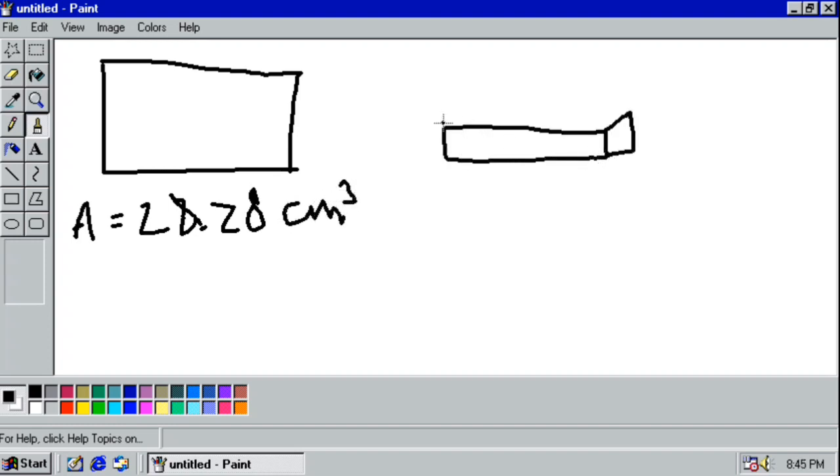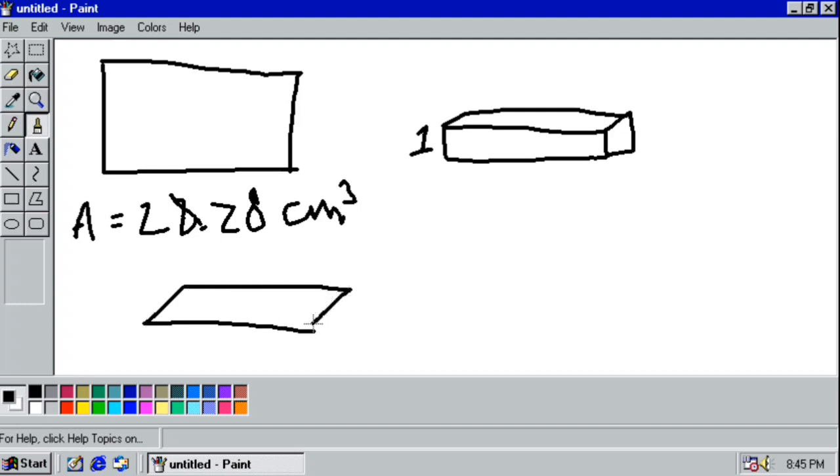Now if we add 1 centimeter of height, because in 3D space it looks like this, it's just a flat one. If we add 1 high, we're simply going to multiply this number by 1.